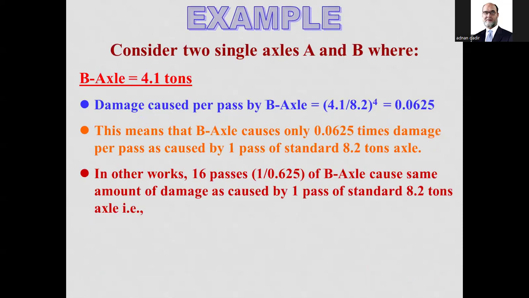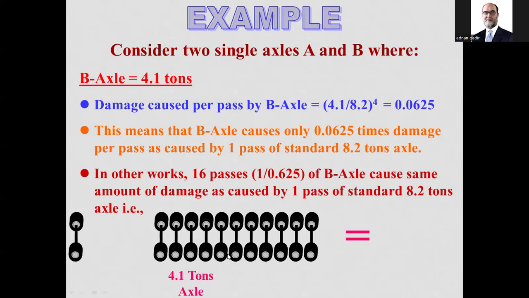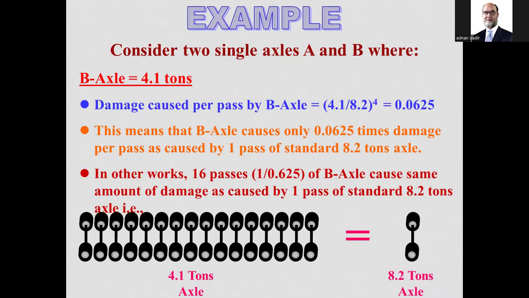Now, if it is a 4.1 ton axle, that you can imagine a lighter vehicle having a 4.1 ton single axle load, then 16 passes of 4.1 ton equal one pass of an 8.2 ton axle.